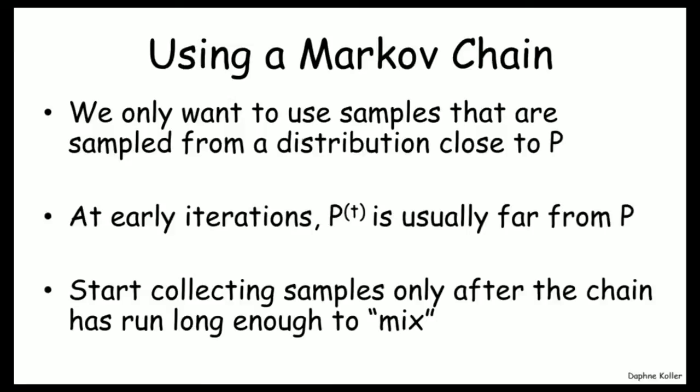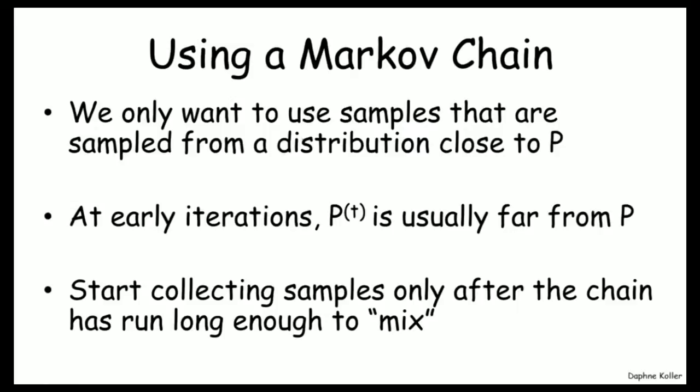So now here's the sticky issue, and this is really a sticky issue. When have we walked long enough that we could actually use our samples? Because we don't want to use samples at the beginning because they're far from P. And so we need to walk around long enough for the chain to get close to its stationary distribution.